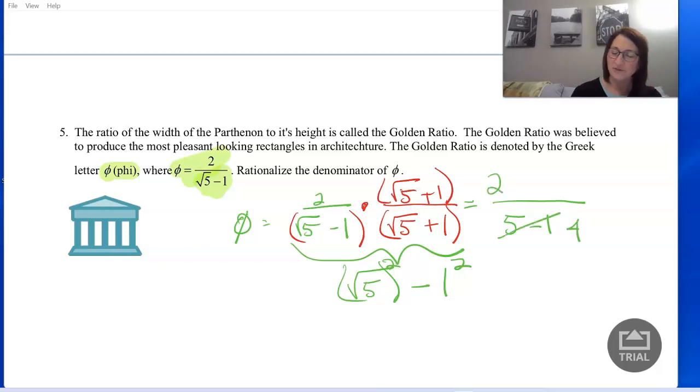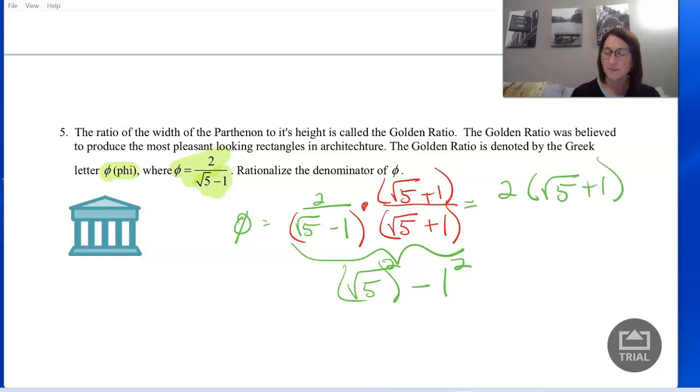In the numerator, I have 2 square roots of 5 plus 2. Before I distribute, I'm going to go back a moment. I've got 2 times the square root of 5 plus 1 over 4.